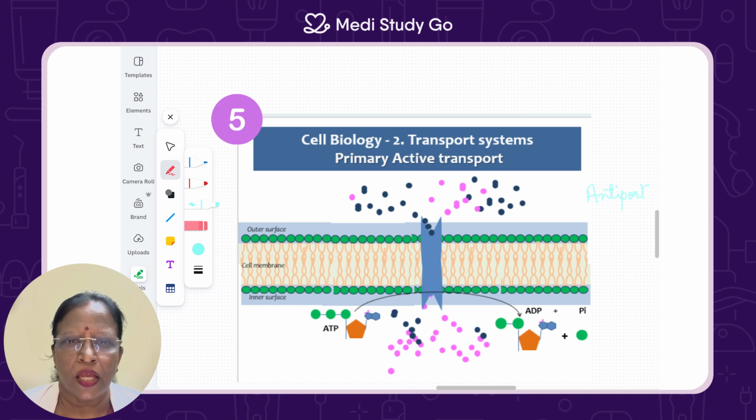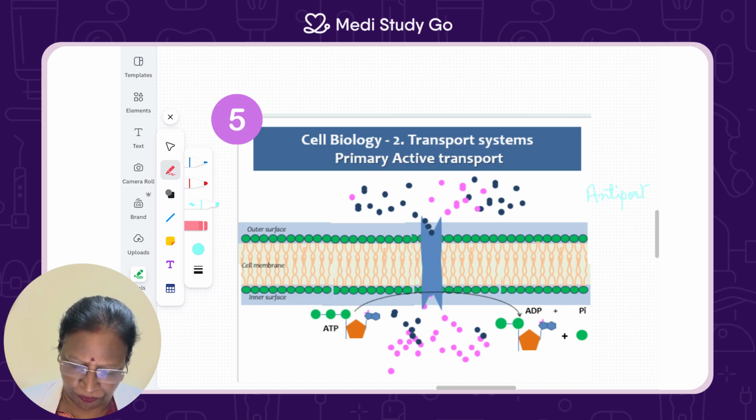It is like this. When water flows from on top of the hill to down, it flows down without any problem. But if you want to send water from down to up, you have to give it energy. You have to pump the water. It cannot flow up by itself. In the same way, when a molecule goes against concentration gradient, it needs energy to move from a region of lower concentration to a region of higher concentration.